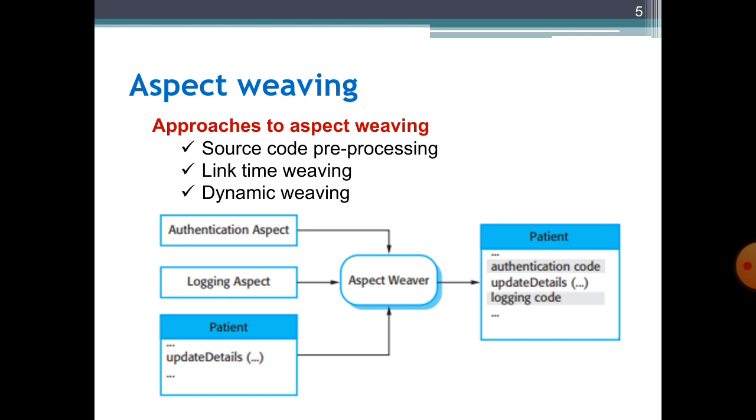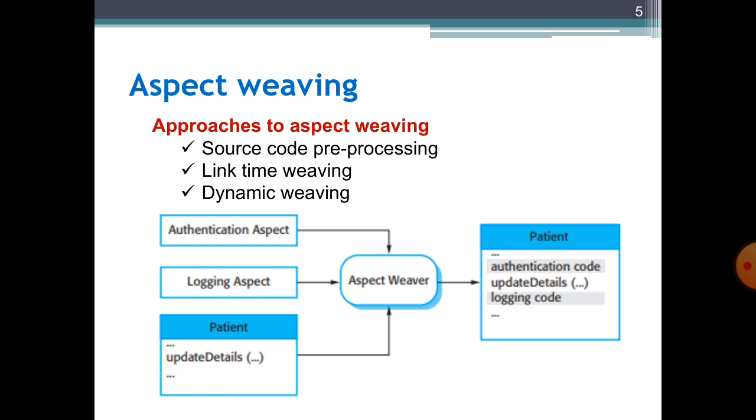So students, from my practical knowledge, in industry the most commonly used approach to aspect weaving is normally link time weaving, as this approach allows for efficient implementation of aspects without a large runtime overhead. Dynamic weaving is the most flexible approach, but it can incur significant performance penalties during program execution.